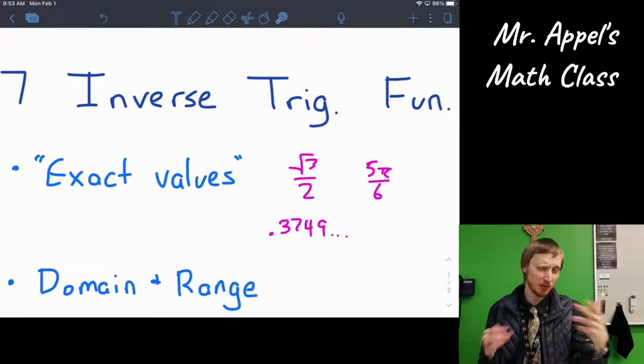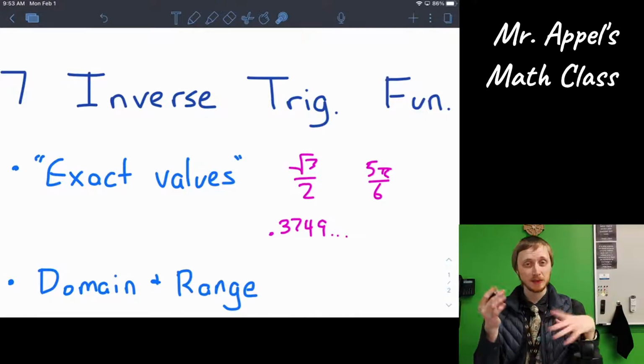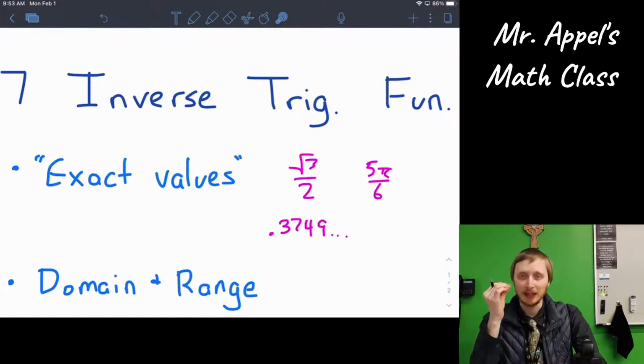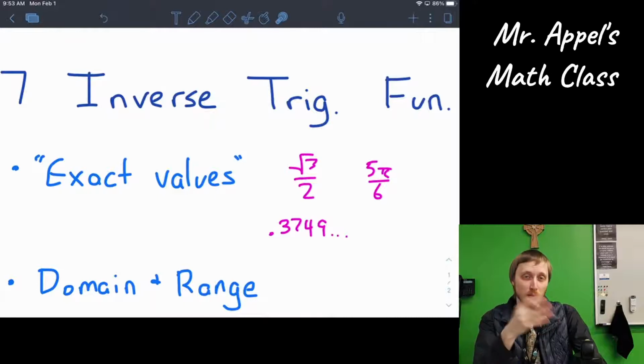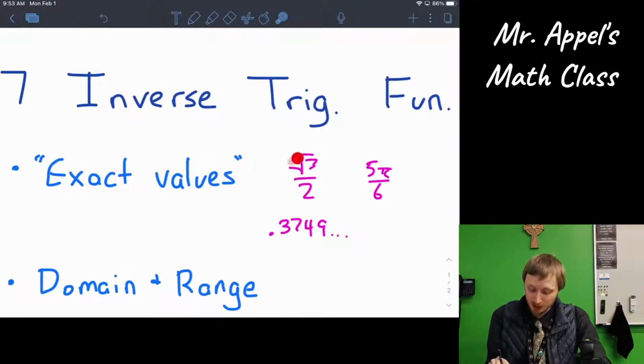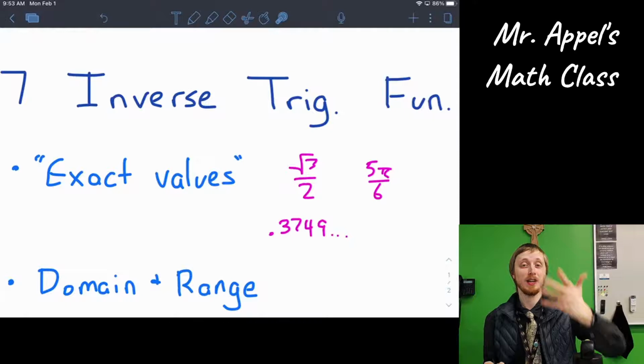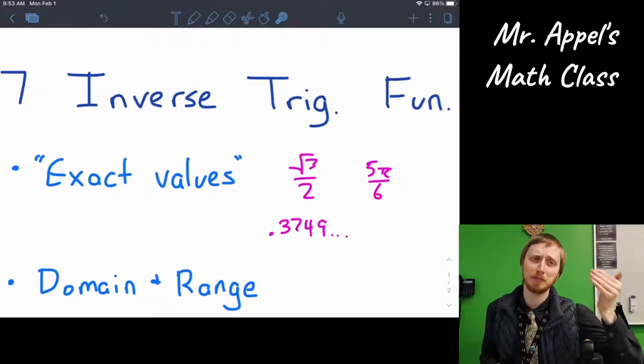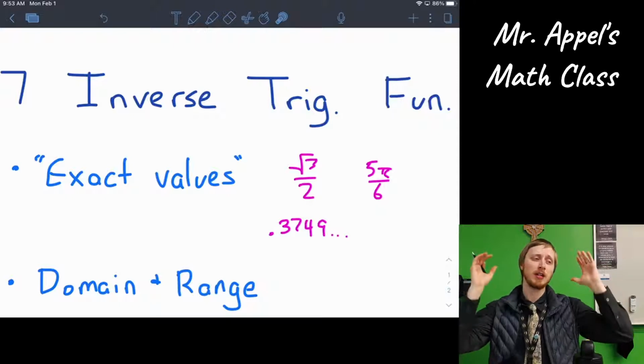And part of it is just historical. Part of it is convenience from the unit circle and writing. And from a practical standpoint, the less rounding you do, the more precise your answer. So in an application style question, keep your answer in exact format until the last possible moment, to the very final calculation.